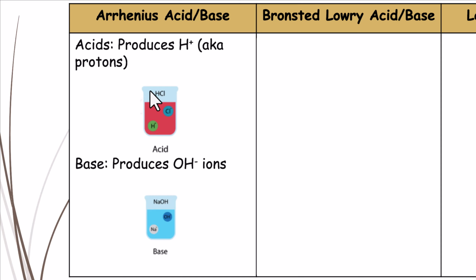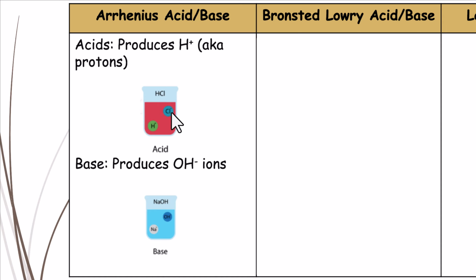For example, here's HCl. This is an acid because when submerged in water, or maybe perhaps reacting with something else, it's going to produce H+. You see that H+ splitting from the HCl.